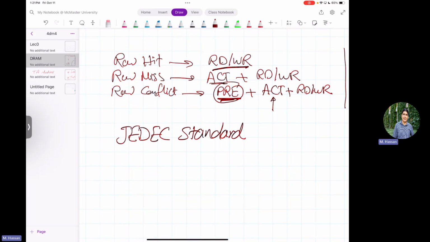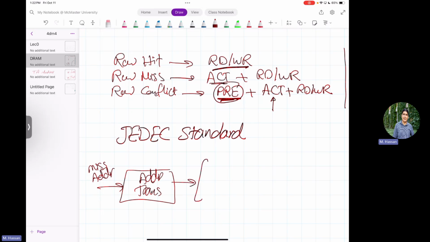Great, so these commands are being sent by the memory controller. So the story will be: the memory controller receives an LLC miss with an address and a type. It will take the address and do the address translation. After the address translation, I know exactly my bank, my row, my column, etc. I take the bank, go to my bank state machine, and it tells me that yes, this is a row hit, this is a row miss, etc. Then based on this, you send your DRAM commands.